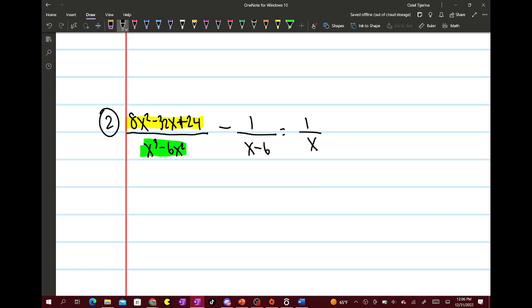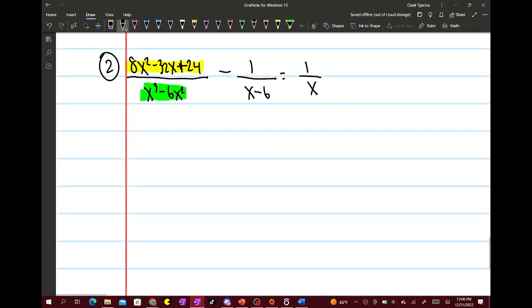So 8x squared minus 32x plus 24, that's going to be equal to 8 times x squared minus 4x plus 3.